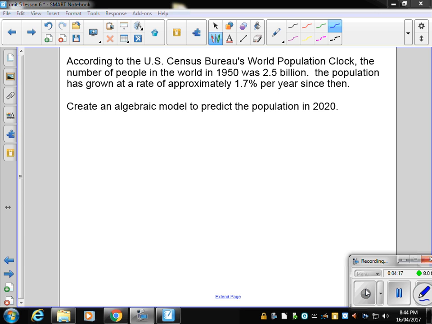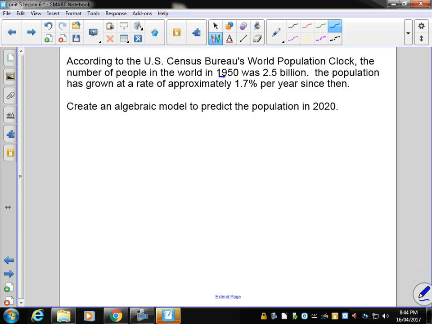Here's another problem that's similar. According to the U.S. Census Bureau's World Population Clock, the number of people in the world in 1950 was 2.5 billion. The population has grown at a rate of approximately 1.7% per year since then. Create an algebraic model to predict the population in 2020.